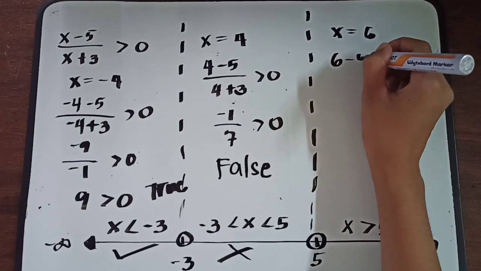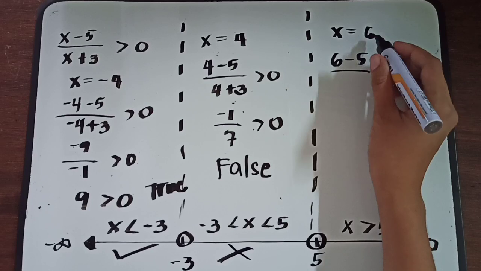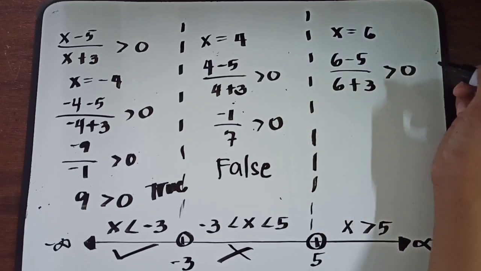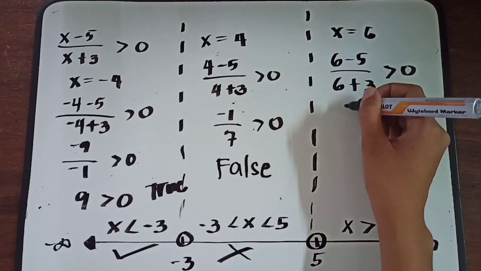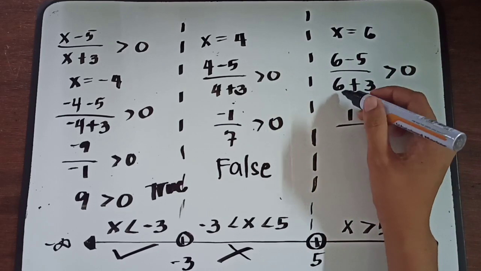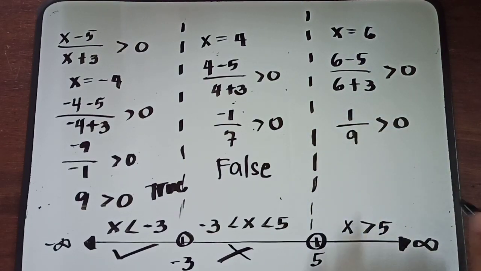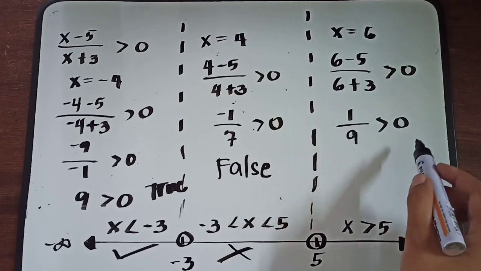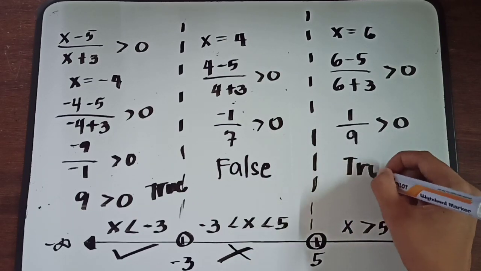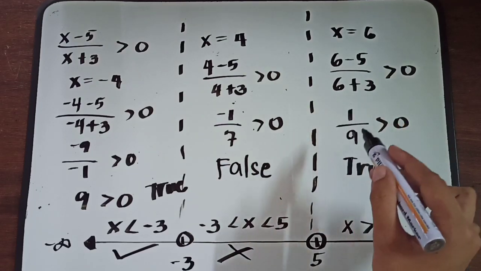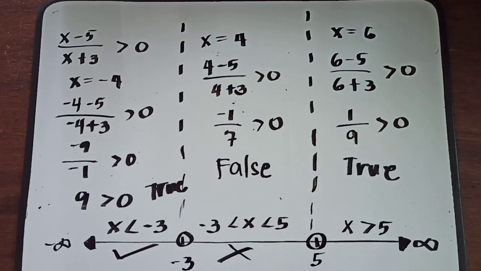So 6 minus 5 over 6 plus 3 is greater than 0. 6 minus 5 is 1 over 6 plus 3 is 9, which is greater than 0. So this 1 over 9 is greater than 0 is a true statement. Why? This positive number is always greater than 0. So it means this is also included in our solution set.